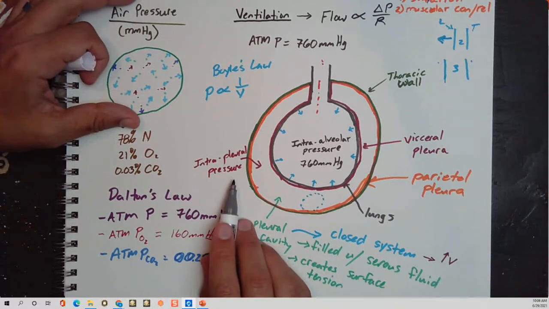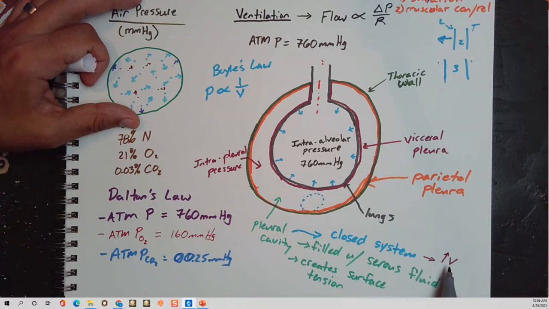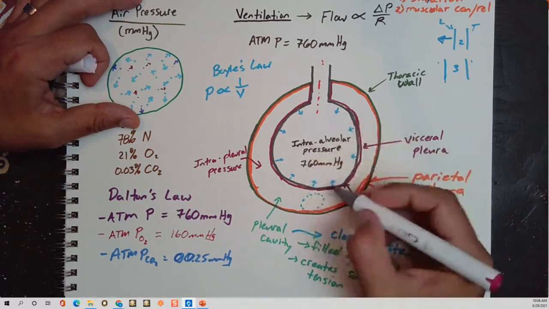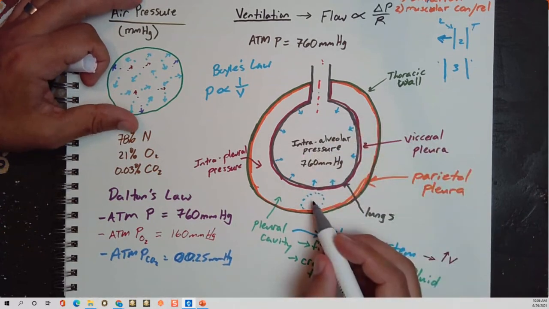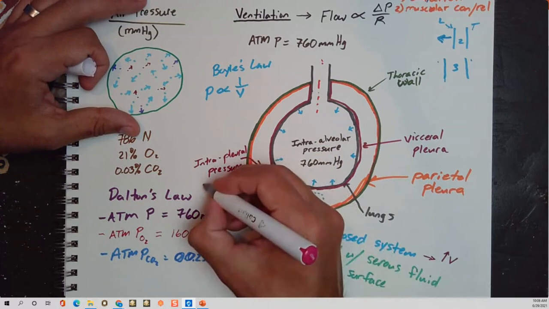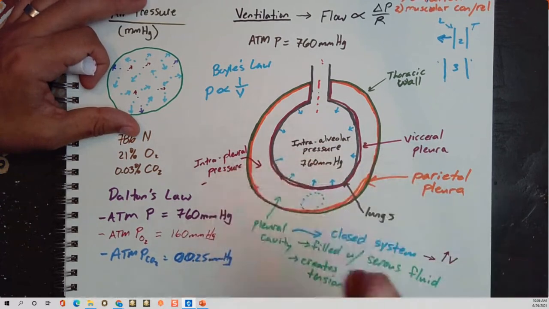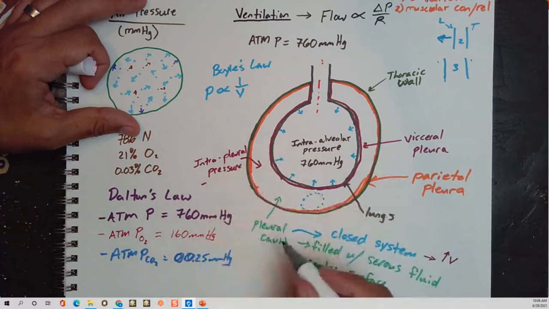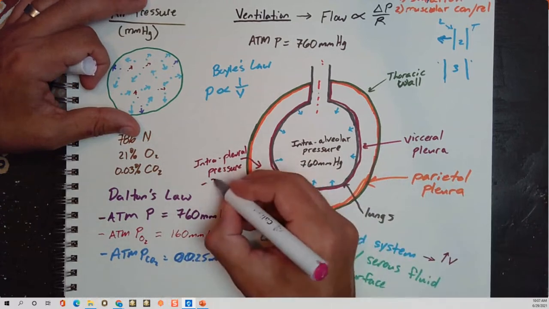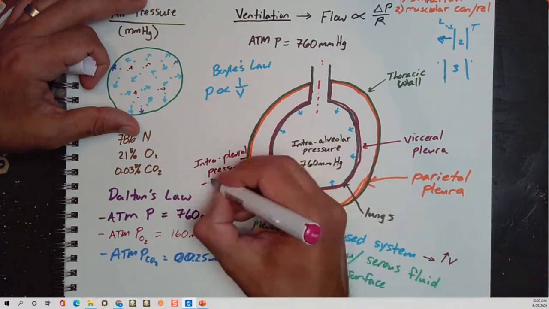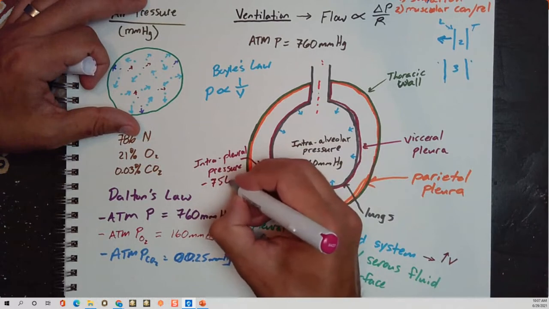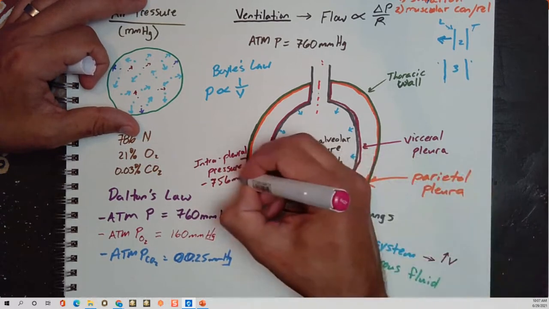Now, that intrapleural pressure is going to be created at 760, but the volume is going to increase as the lungs try to collapse, so the pressures in this system are going to decrease. You don't need to know exactly the physics behind that. If you're taking another medical physics class, they'll probably teach you it, but it's going to end up at about 756 millimeters of mercury.